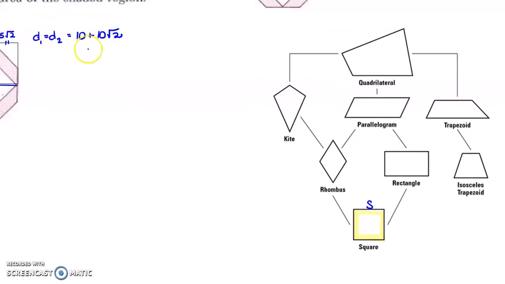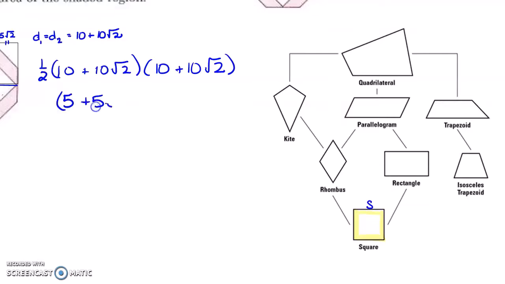So since we know the length of each of those diagonals, the area of the kite is 1/2 of one diagonal times the other.